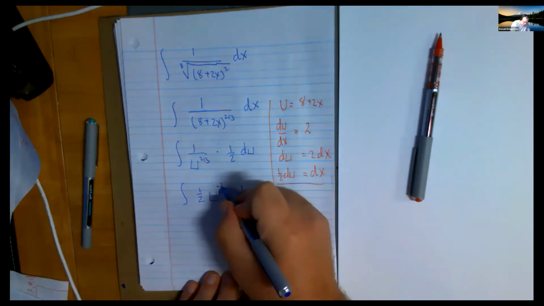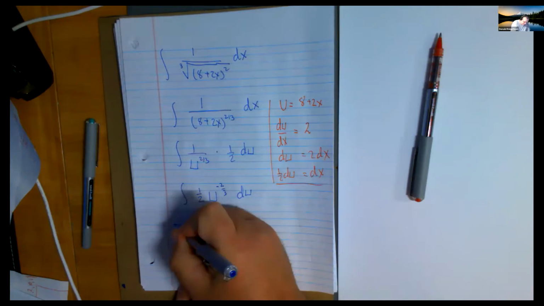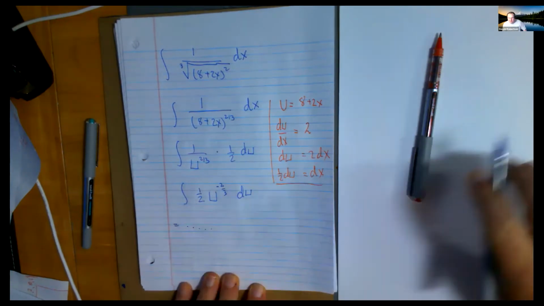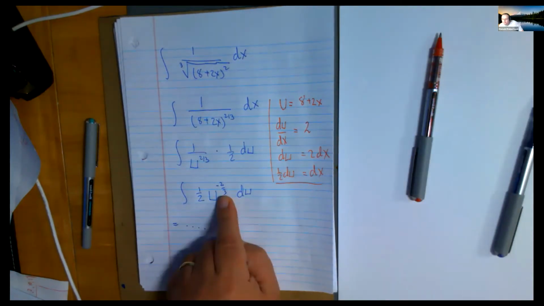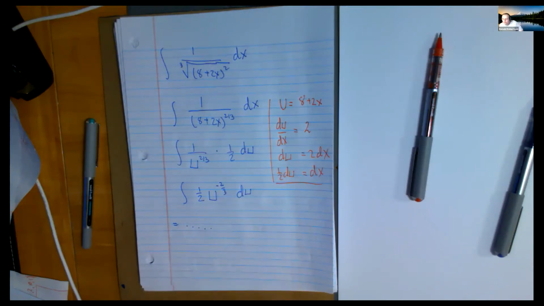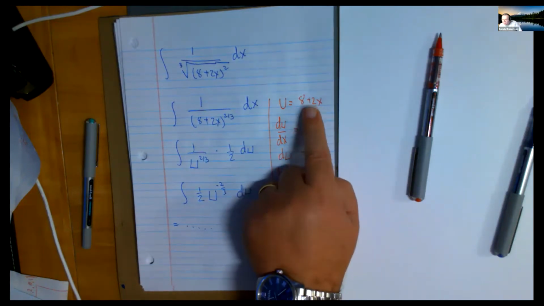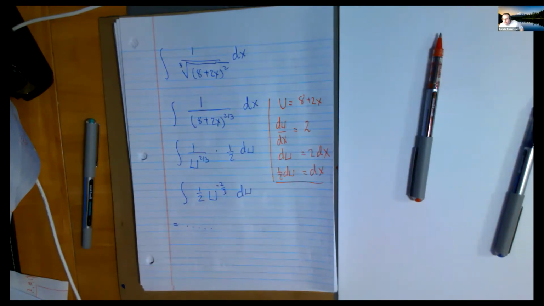Agreed. Would you agree at this point I can just do my thing? Because wouldn't this just be add 1 to the power, divide by the new power, and then do your usual 3 or 4 more lines? You're done.